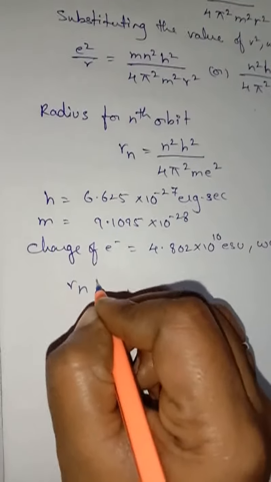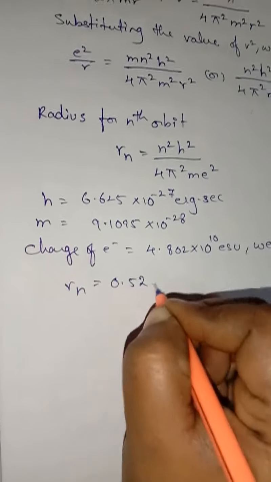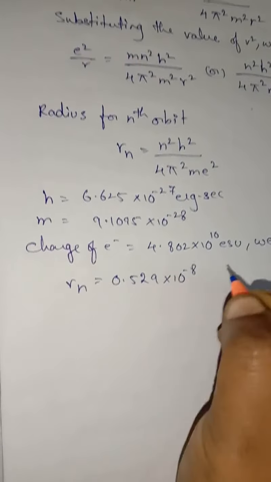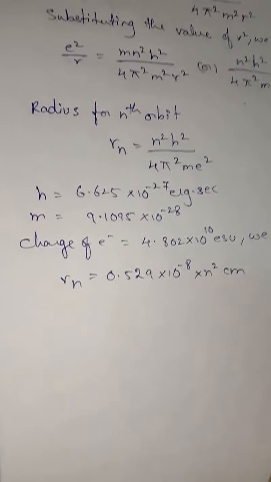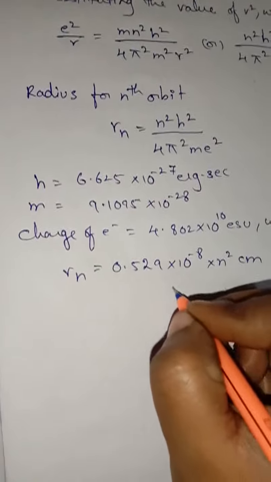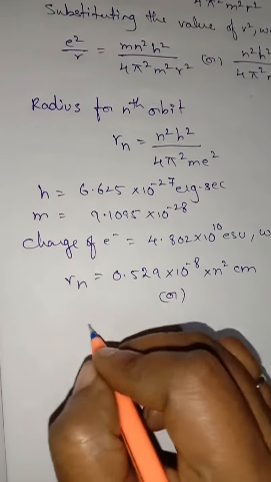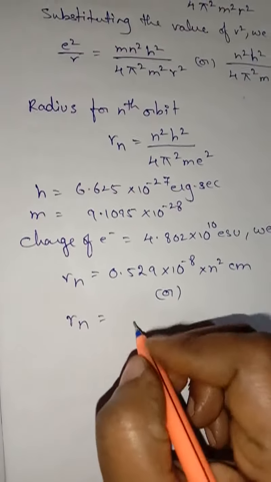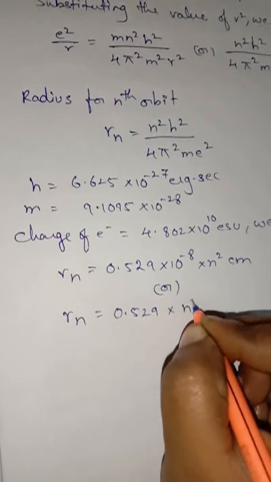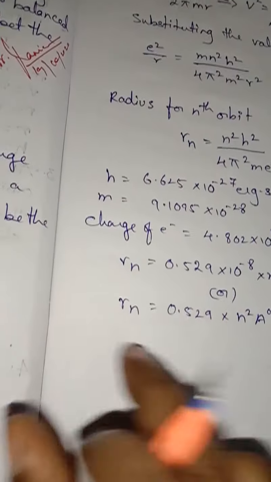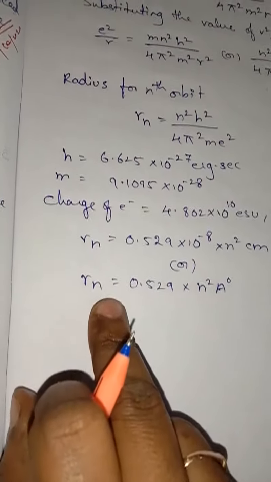So Rn equals 0.529 into 10 to the power minus 8 into n square in centimeters, or it can be converted into Rn equals 0.529 into n square angstrom. We have done this value for the first orbit.